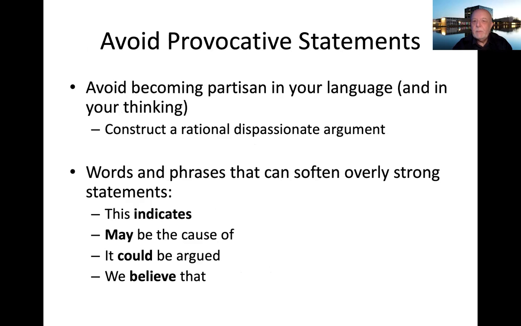And try and avoid provocative statements. It's not an appropriate place to have such statements within a scientific document. So avoid becoming partisan about your language and in your thinking. Construct a rational and dispassionate argument. So, for example, a provocative statement could be, legged robots are better than wheeled robots.